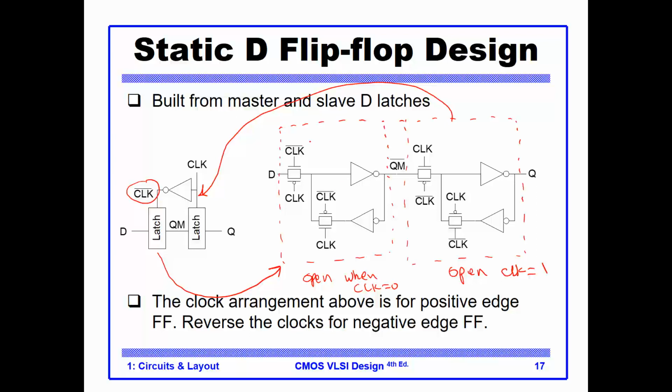Just notice here how these clocks, here it is clock prime, so that we open this when clock equals 0. You can see that this is a clock prime here, and this is a clock here on the NMOS, and the PMOSs are the opposite. But this latch here is open when the clock equals 1 and stores when the clock equals 0. This is because they have this opposite operation in terms of the level of the clock.